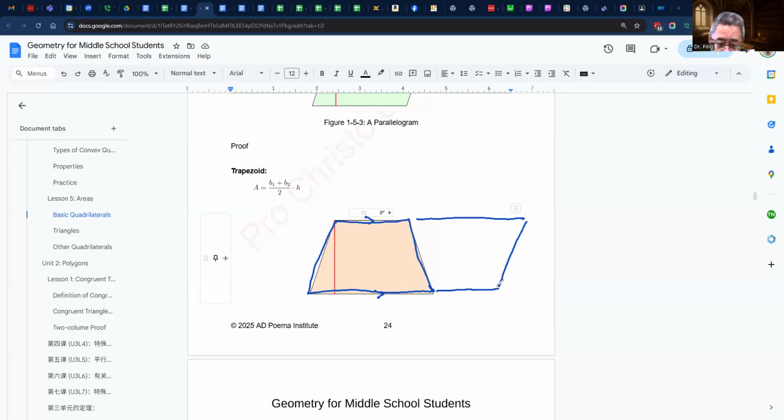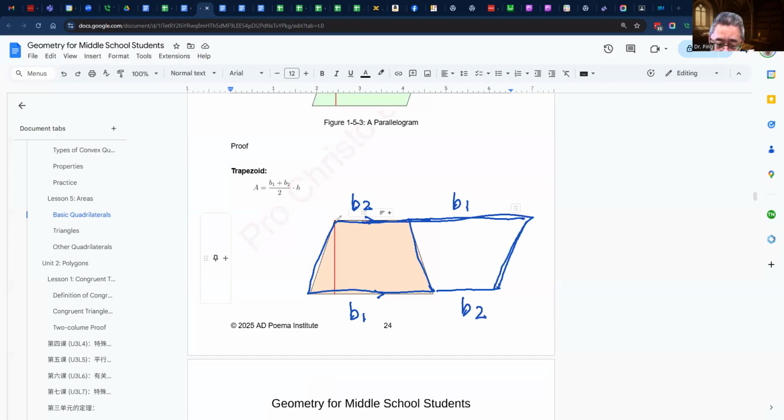Now the bottom is B1, the top is B2, and you can see this side is B1 and this side is B2. So now we actually make a rectangle.